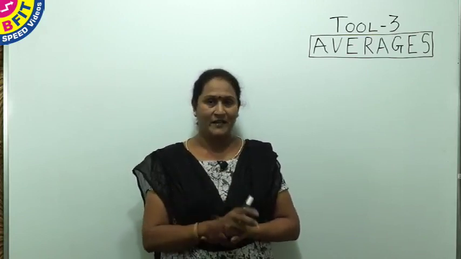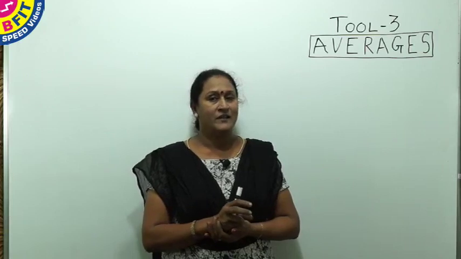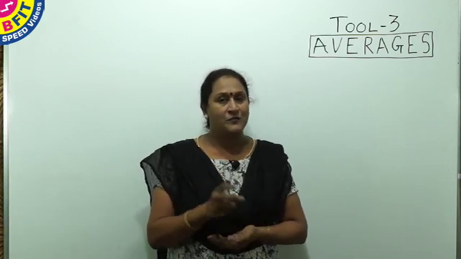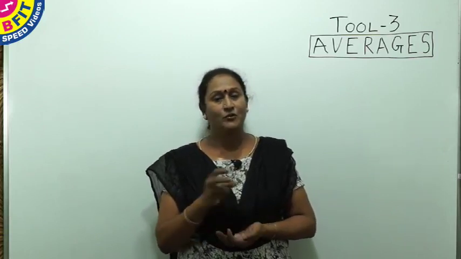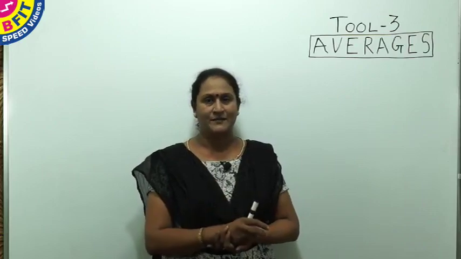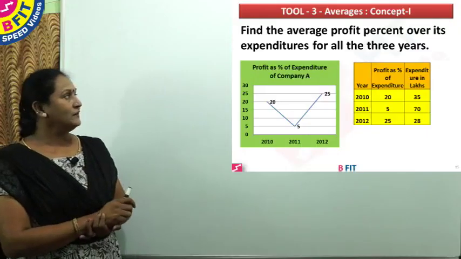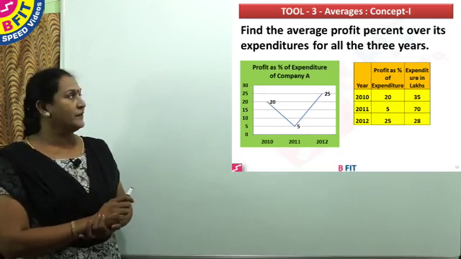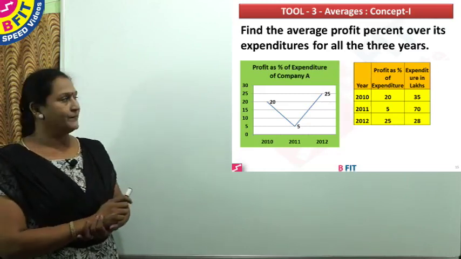But in data interpretation problems, we'll be seeing different concepts on averages, like find average profit percent, average growth, increase, and we'll see all this with a few simple examples. So in this example, we are asked to find average profit percent over 3 years.